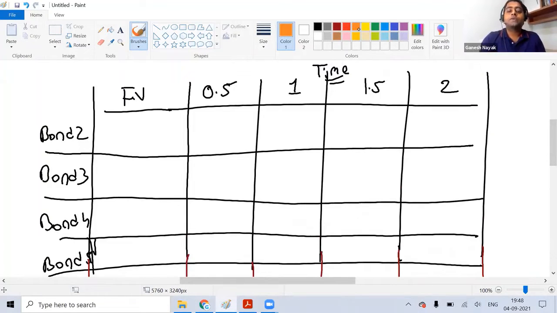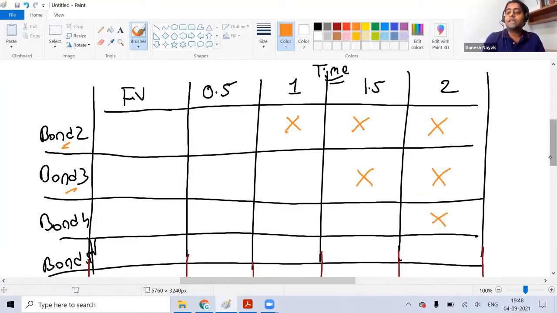First of all, please understand that bond 2 is basically for 6 months. So this bond will not contribute to your cash flow at time 1, 1.5 and 2. Very simple. The bond 3 is for 1 year, so it will not add any cash flow at these times. Similarly, bond 4 will not add for this because it's a 1.5 year bond.